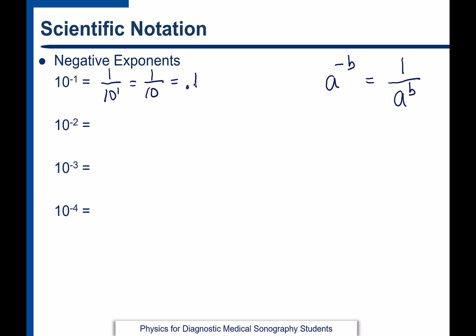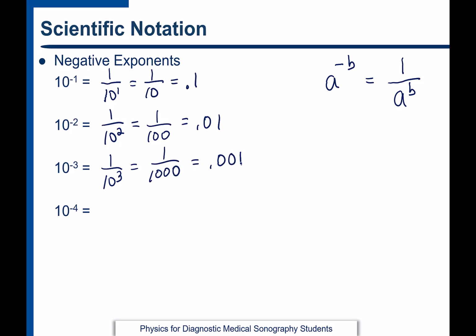You'll notice that 10 to the negative 2 would be 1 over 10 to the 2. That's 1 over 100, or 0.01. 10 to the negative 3 would be 1 over 10 to the 3. That's 1 over 1,000, which would be 0.001.